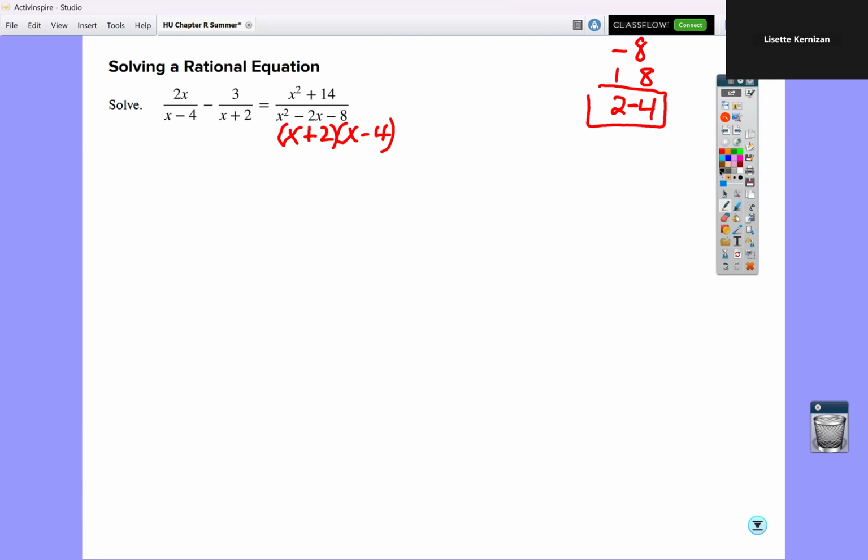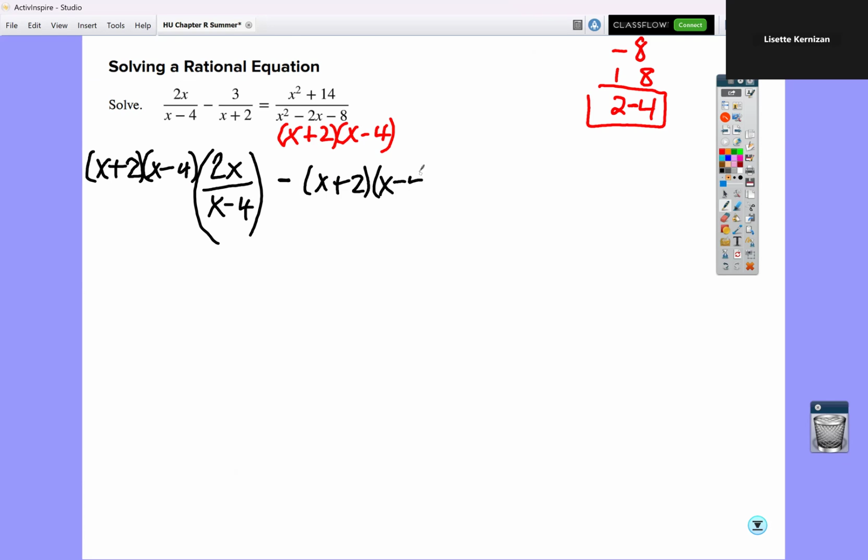Remember what we did in the past? We multiplied everything by x plus 2 times x minus 4, the common denominator. So x plus 2 times x minus 4, times 2x over x minus 4. And then x plus 2, we have a minus here, so x plus 2 times x minus 4, multiplied by 3 over x plus 2.